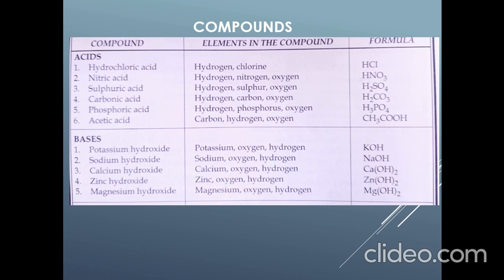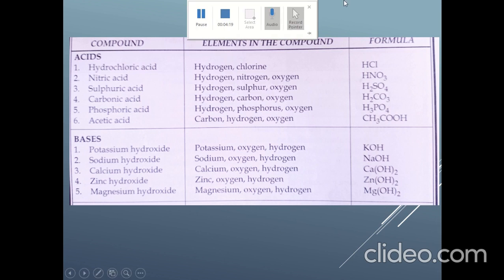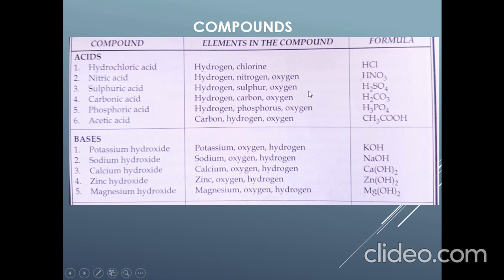First, let us study about acids. Now all of you must have heard about hydrochloric acid. Hydrochloric acid consists of hydrogen and chlorine and the formula is HCl. And next is nitric acid. It consists of nitrogen, hydrogen and oxygen and the formula is HNO3.